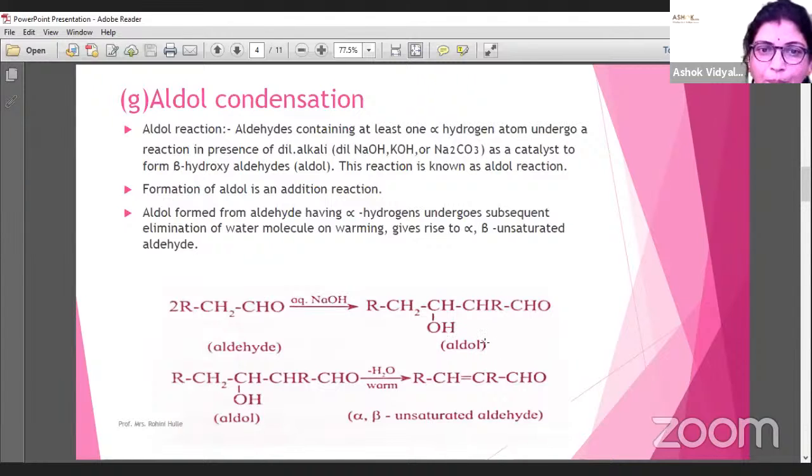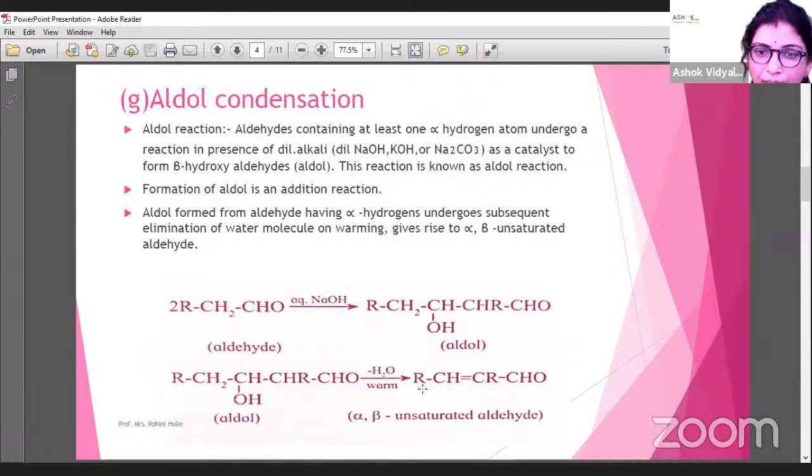This aldol, formed from an aldehyde having alpha hydrogen, undergoes subsequent elimination of water on warming. In this reaction, with warming, the elimination of a water molecule gives rise to an alpha beta unsaturated aldehyde.